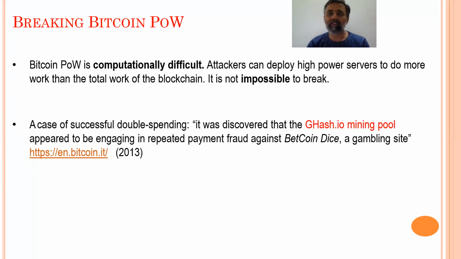With high computational power and high power servers, in future it will be possible. And in 2013, there was a known double spending case. This is the link you can explore if you want: the GHASH.io mining pool was successful in completing the double spending.